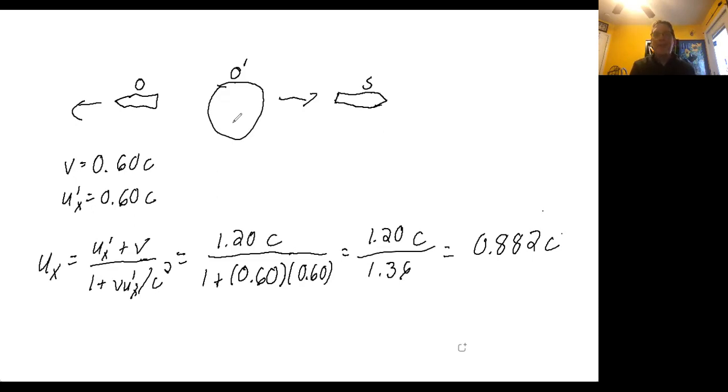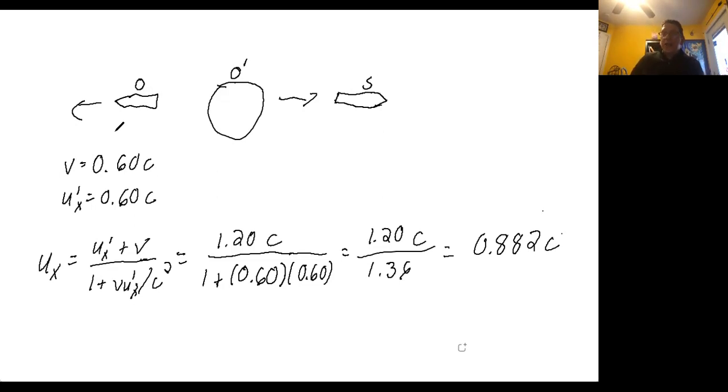So you figure out which thing you're measuring the velocity of, and that's going to be object S. What you're measuring its velocity relative to becomes observer O, and then observer O primed is moving at a speed relative to O, and that speed is V. So again, you keep track of positives and negatives, what's moving to the right relative to what, and what's moving to the left relative to what.